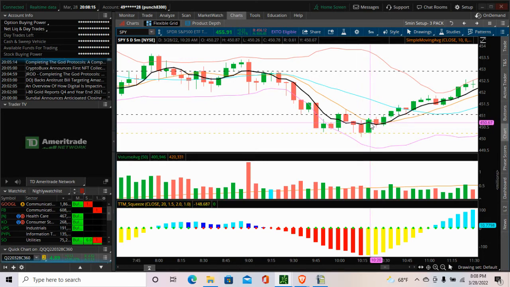Your red candle here. So you could have entered on the close of the red candle and then set your stop loss about halfway down. And essentially, you would have gotten in around 450.83 and you would have set your stop loss around 450.45.